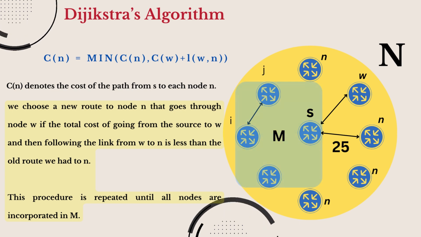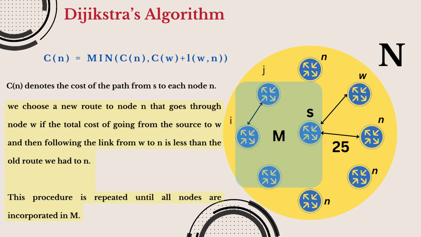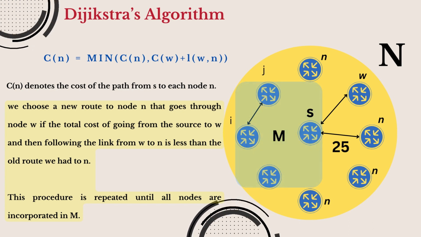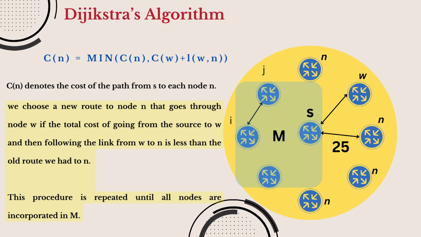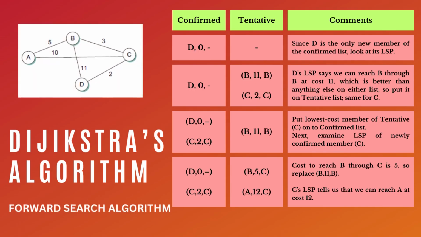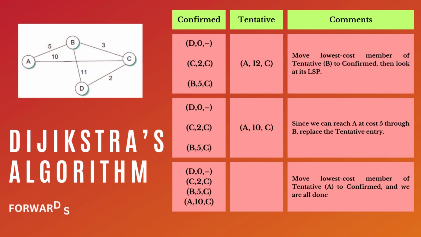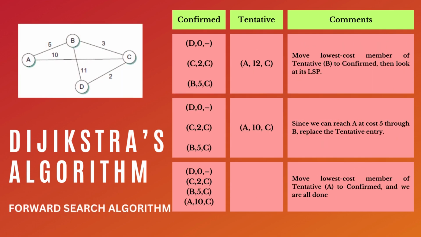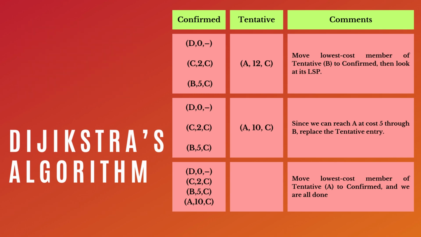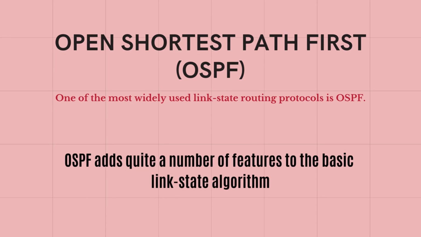We then look for the node that is reachable at the lowest cost and add it to M. So the ultimate idea of Dijkstra's algorithm is to find the least cost path. So this is an example. A network is shown on the left side and the respective table is created with the help of Dijkstra's algorithm. The table contains the confirmed list and tentative list, which will keep being updated until the reliable flooding between the nodes in the network completes.